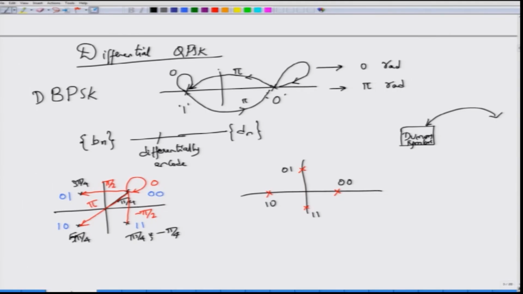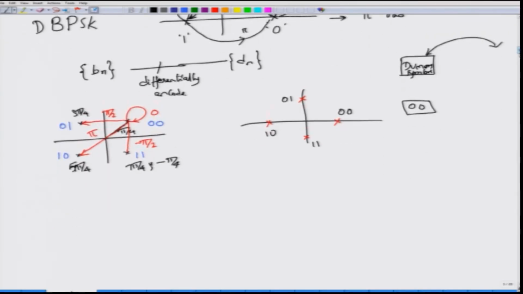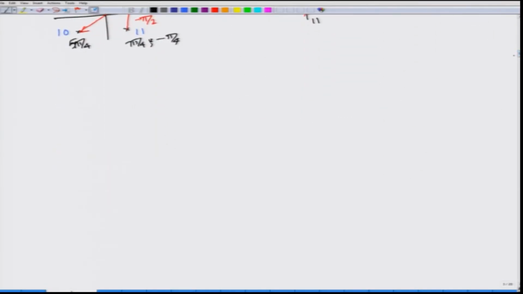So, if my first bit is 0, the previous bit, or the dummy bit, is also 0. So, in the next case I can write this as 0 phase, right. I can transmit that corresponding slot as a 0 phase shifted signal. Similarly, you will have to have a dummy symbol. Let us say the dummy symbol for the differential QPSK signal is 0 0.